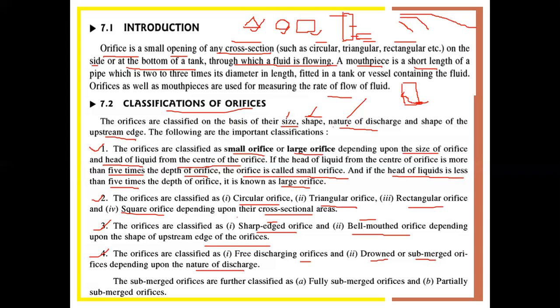When we talk about size, small orifice or large orifice; about shape, sharp edge orifice and bell mouthed; and coming to the nature of discharge, free discharge, drowned discharge, or submerged discharge. The submerged discharge is further classified as fully submerged orifices and partially submerged orifices. So like this, the orifices are classified based upon their size, shape, and nature of discharge. Got it?